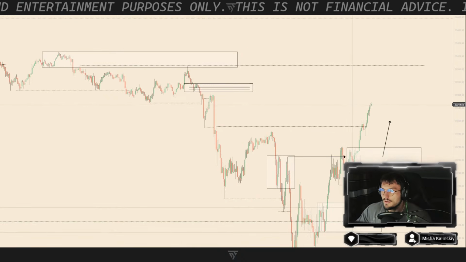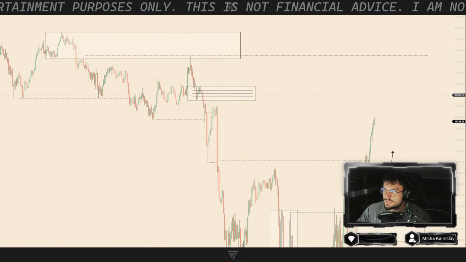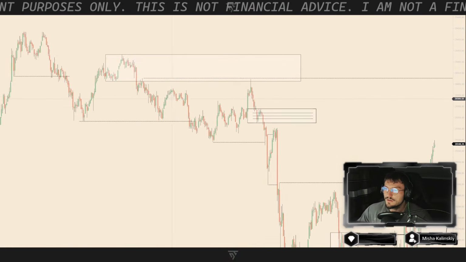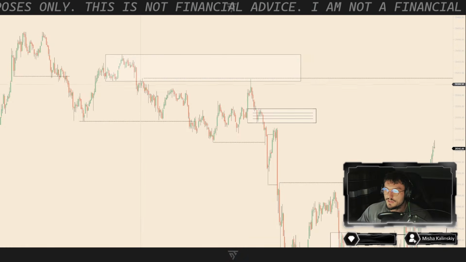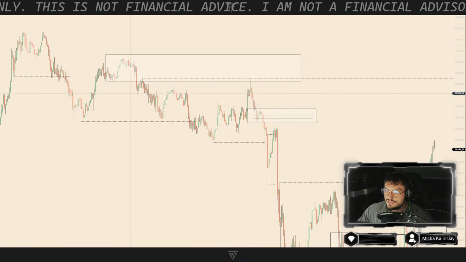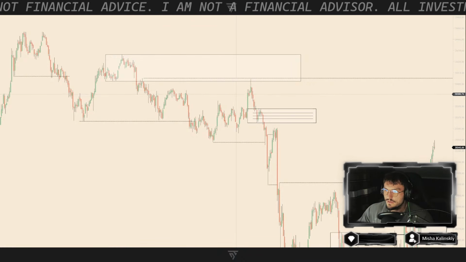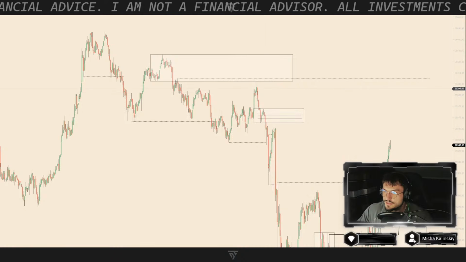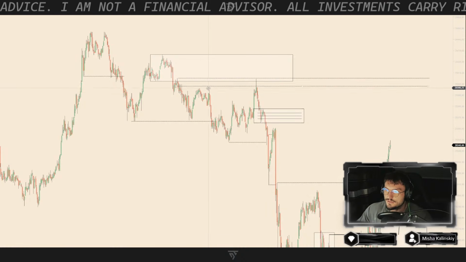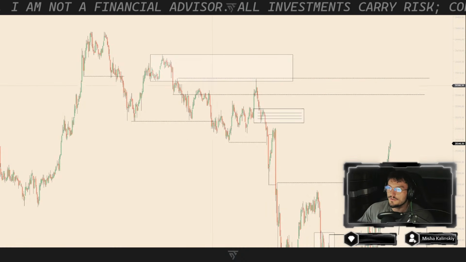Yeah, so mitigated zones can be used as possible future MMs. For example, here this was mitigated, and this became an MM. This has 1 touch, 2 touches, 3 touches, 4 touches, and you can get another one. I'm gonna do a ray here too, just so you guys can see. This is the whole zone.